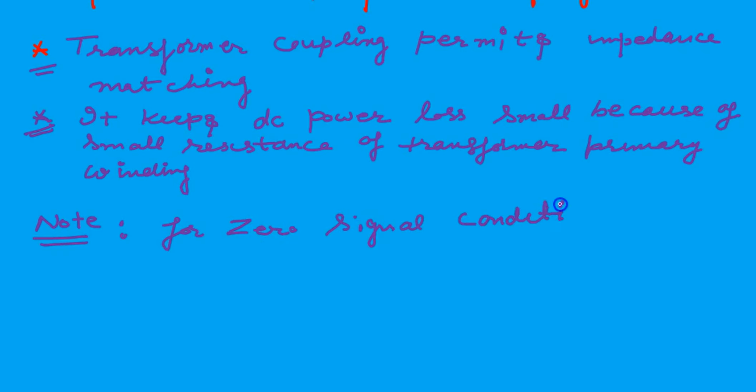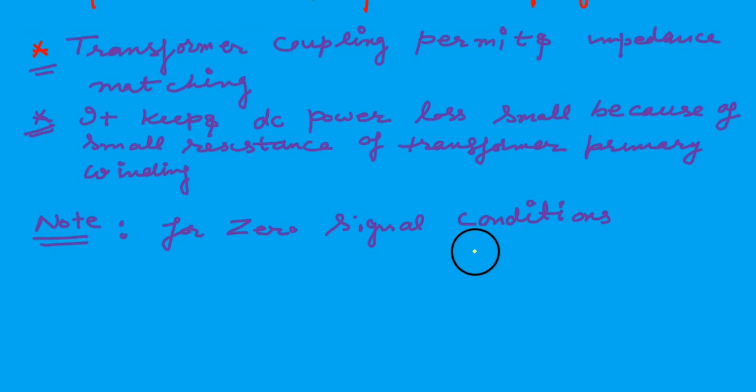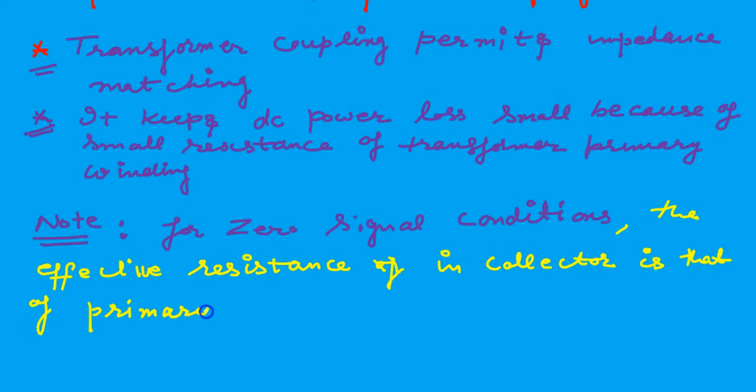And when no signal is applied to the circuit, then what happens? Then the effective resistance to the collector is that of the primary winding, and the primary winding having negligible resistance, there is no resistance at the collector for no signal.